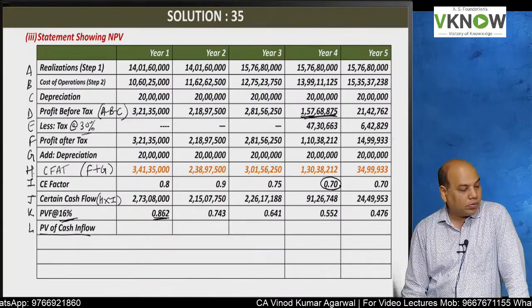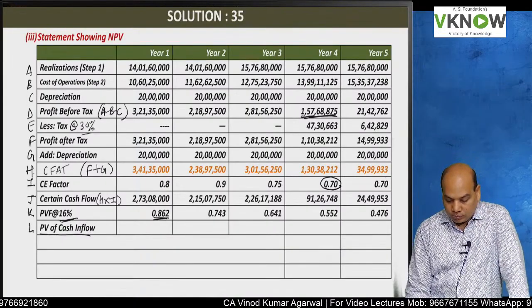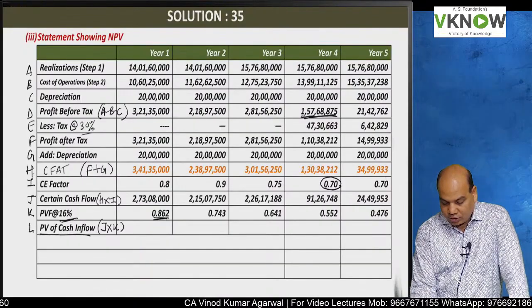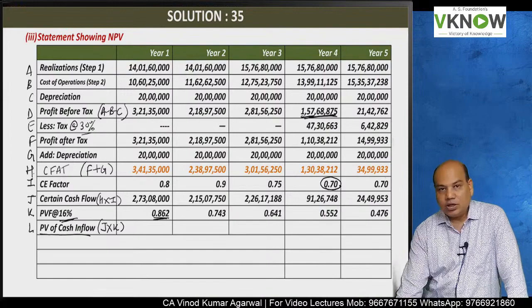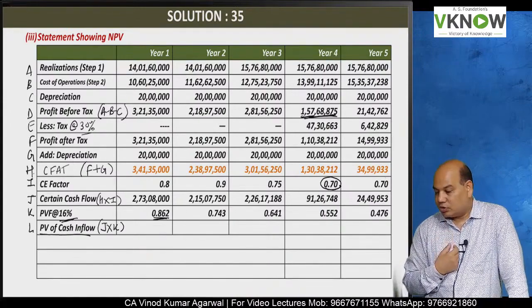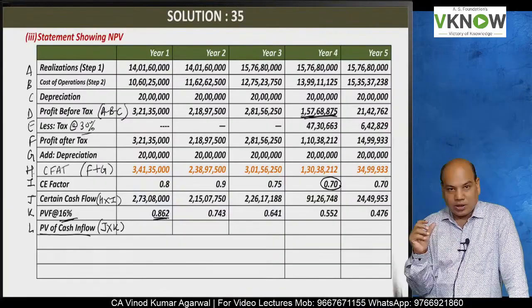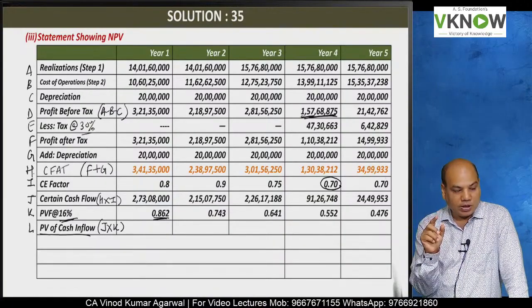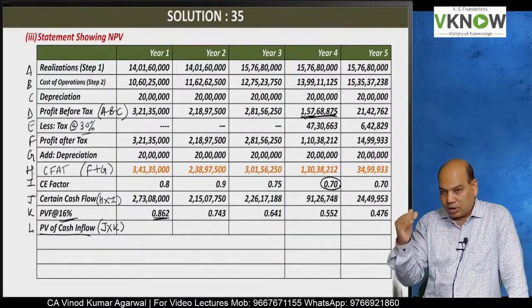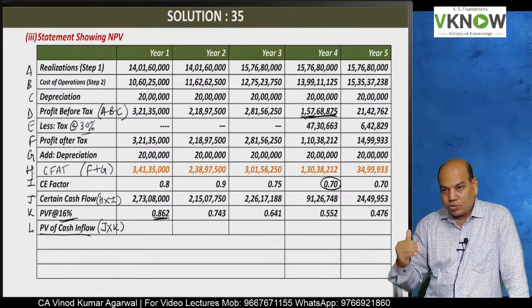Please multiply J into K, and use the memory plus function. You will require the total. Multiply, equal to, memory plus.